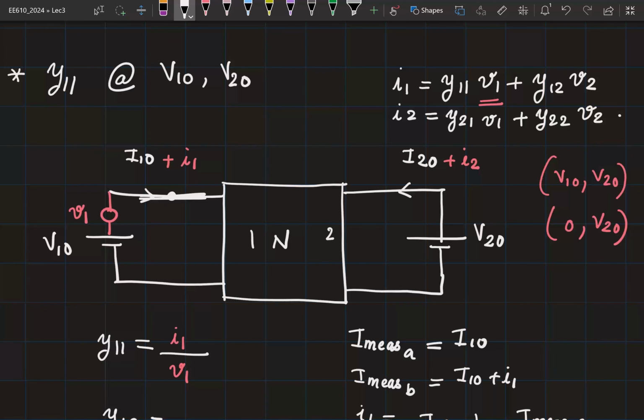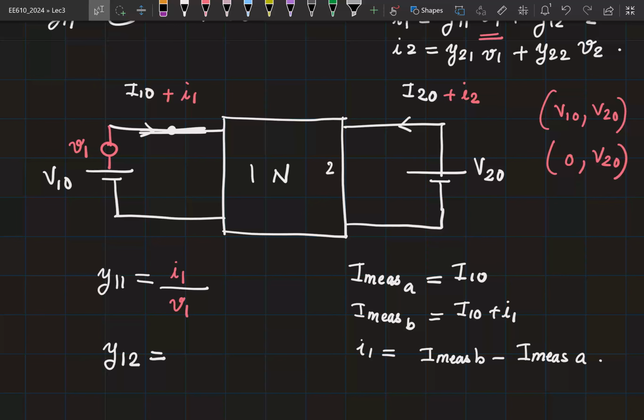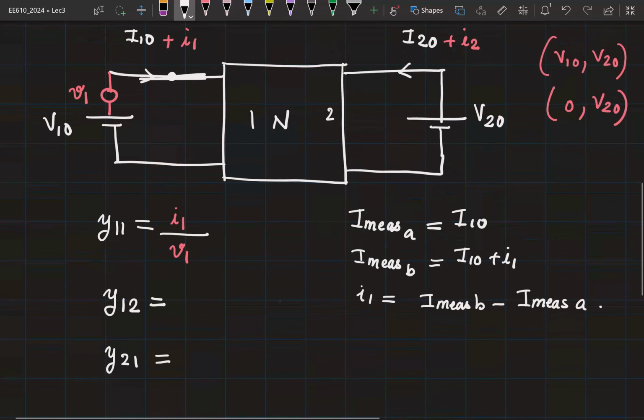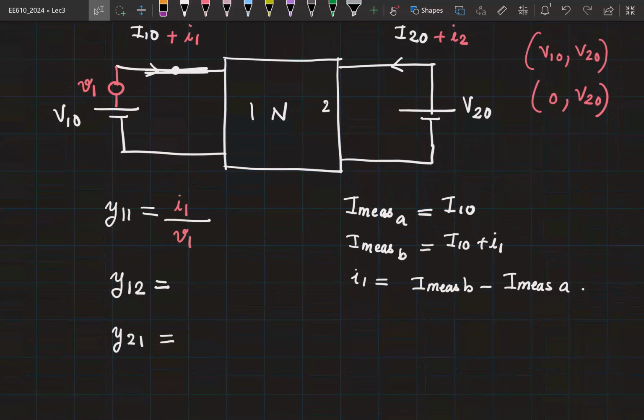So before I change the network for measuring Y12, do you think I can measure any other parameter based on the current network? Y21, right? So what is Y21? That will be equal to I2 divided by V1, right? I2 can be obtained from here, V1 is here.